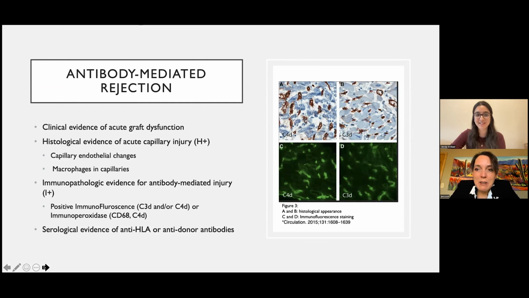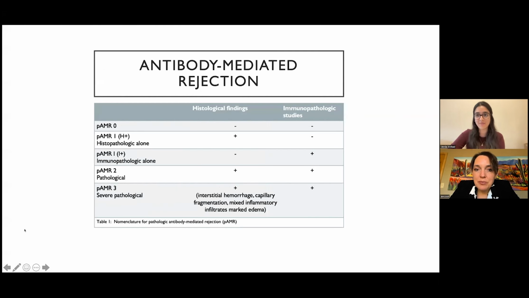And then basically based on histological and immunopathological evidence, antibody-mediated rejection can then be graded, which is grade 0, where there's neither histological or immunopathological evidence. There's grade 1, in which it can either be histopathological alone or immunopathological evidence.